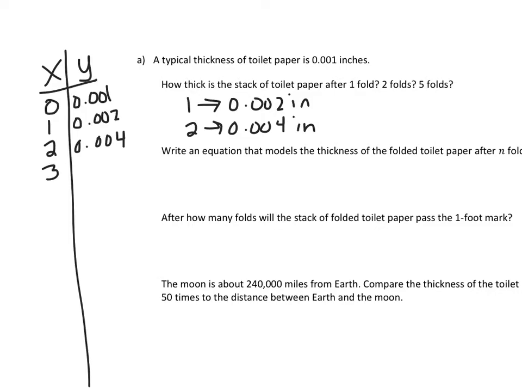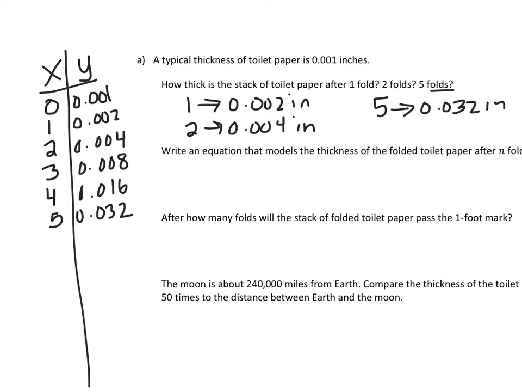Keep going, 0.008. I want 5 folds, so I'm going to keep going. 0.016, 0.032. So that's the thickness of the toilet paper after 1, 2, and 5 folds.